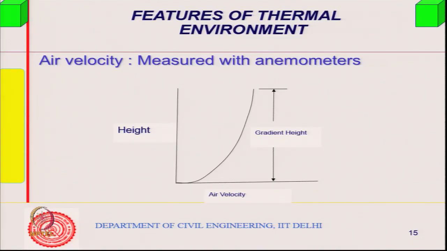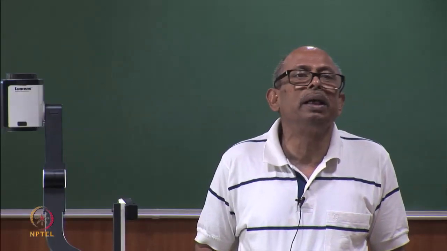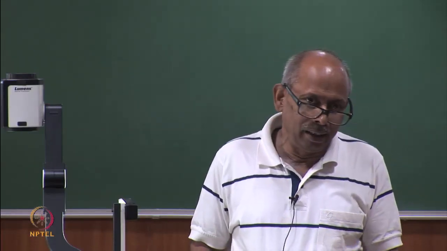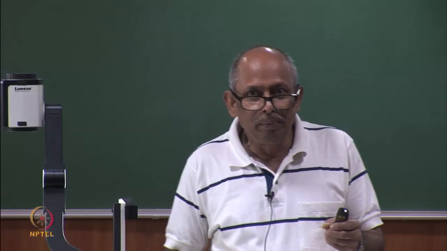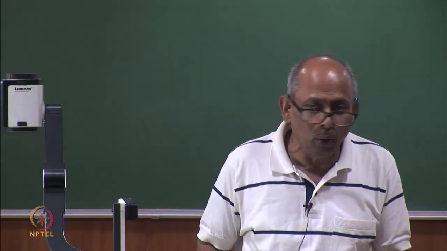Now, velocity varies from ground level to height, because you would have done a course on loads, wind load. I am sure many of you would have done a course on wind load, and if you have, you would remember that we measured the wind velocity at 10 meter height, right, and you have K1, K2, K3 factors multiplying for the load.